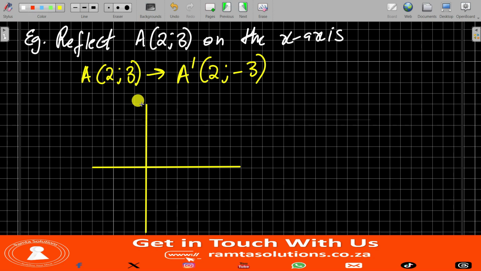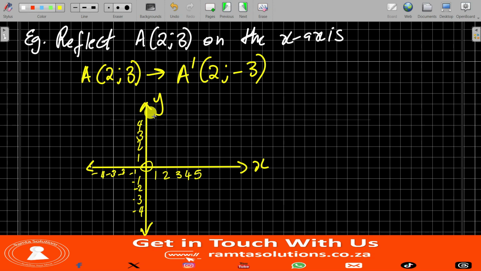Now, this is the y-axis, this is the x-axis. So this is 1, 2, 3, and 1, 2, 3, 4. Negative, negative, negative, negative. Again, 1, 2, 3, 4. Of course, 0.